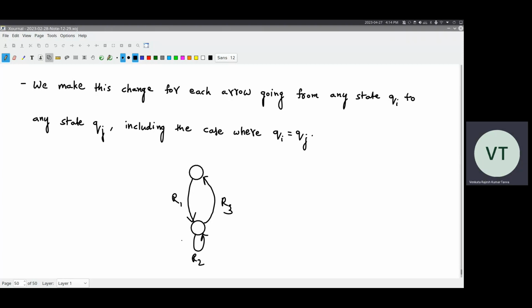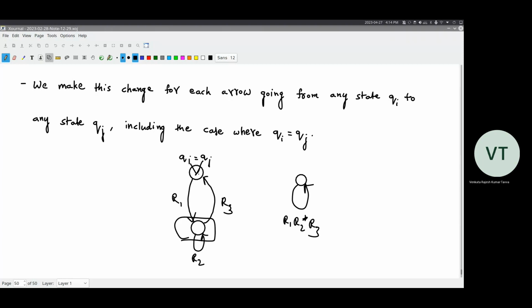Now you will remove this state with R1, R2 star, R3. In this case, both Qi and Qj are the same state. Sometimes they may be different, sometimes they may be the same, but in both cases the same logic will apply.